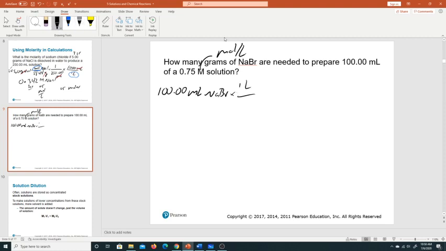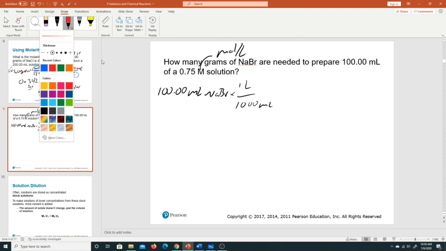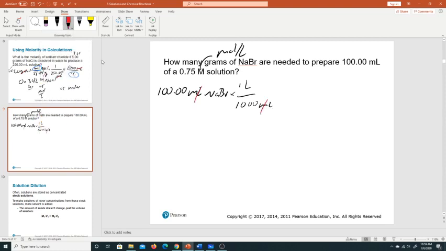Well, 1 liter is 1,000 milliliters. So we divide by 1,000 to convert the milliliters to liters. Now we multiply that by the molarity, that is 0.75 moles of NaBr per liter. That's what capital M means. Notice now how liters cancel. Now I got moles.